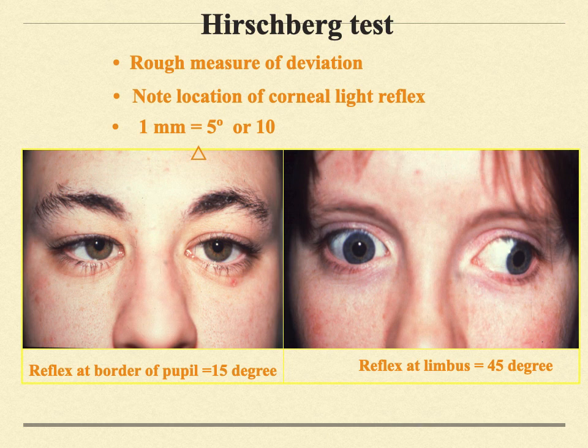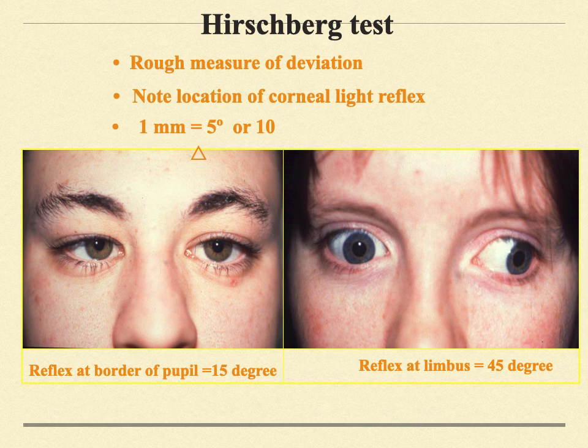So measuring that, it means that we can know if the light reflex is not in the center, roughly measuring the deviation by knowing the location of the light reflex. If it's at the edge of the pupil, or away from the pupil, or in the middle of the iris, or at the edge of the limbus, it means that we have deviation. For the location of the corneal light reflex, if it's 1 millimeter deviated, it will be 5 degrees, or what we call 10 prism diopters.